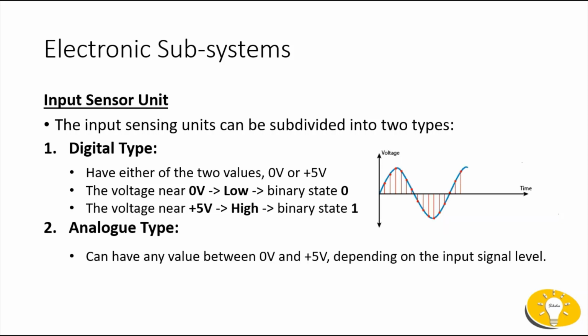On the other hand, the analog type input units can have any value between two voltage levels, that is 0 volt and 5 volt, depending on the input signal level. The supply voltage in our home is analog in nature. So the light bulb and other such devices are analog devices.